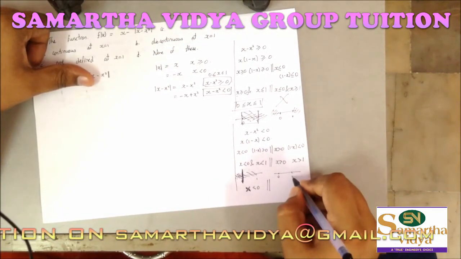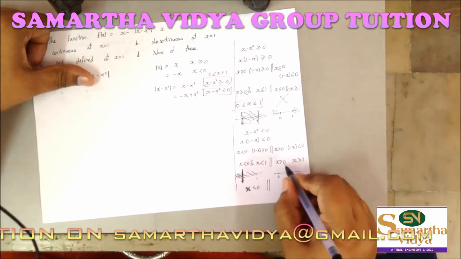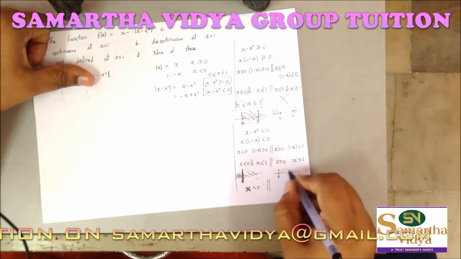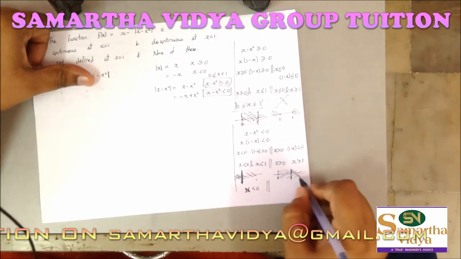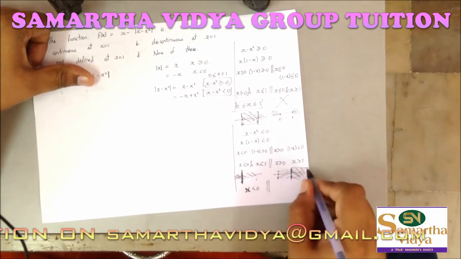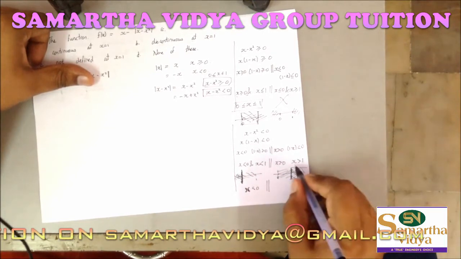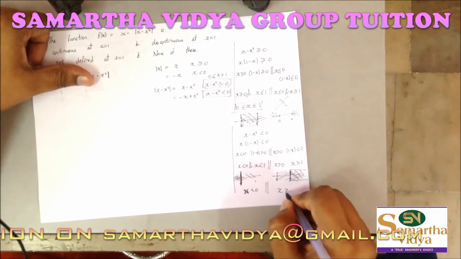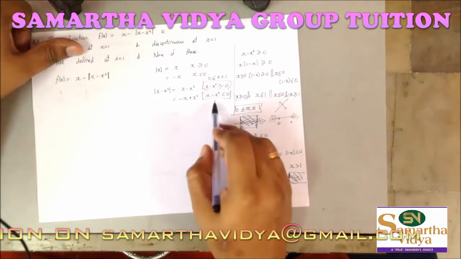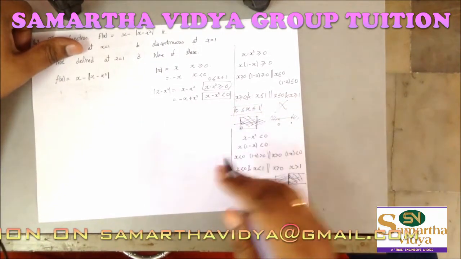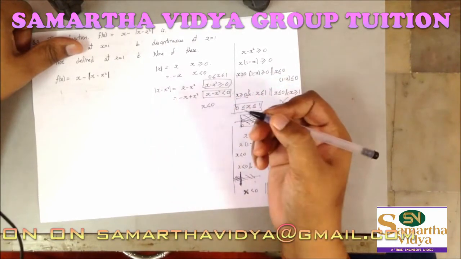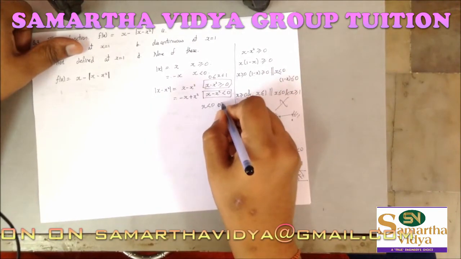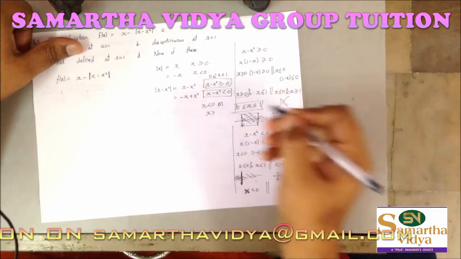So it's 0 and 1. x is greater than 0 means this part, and x is greater than 1 is this part. So you can see that the common region is this, that is x is greater than 1. So basically from this condition we are getting two regions. Either it is x is less than 0 or it is x is greater than 1.